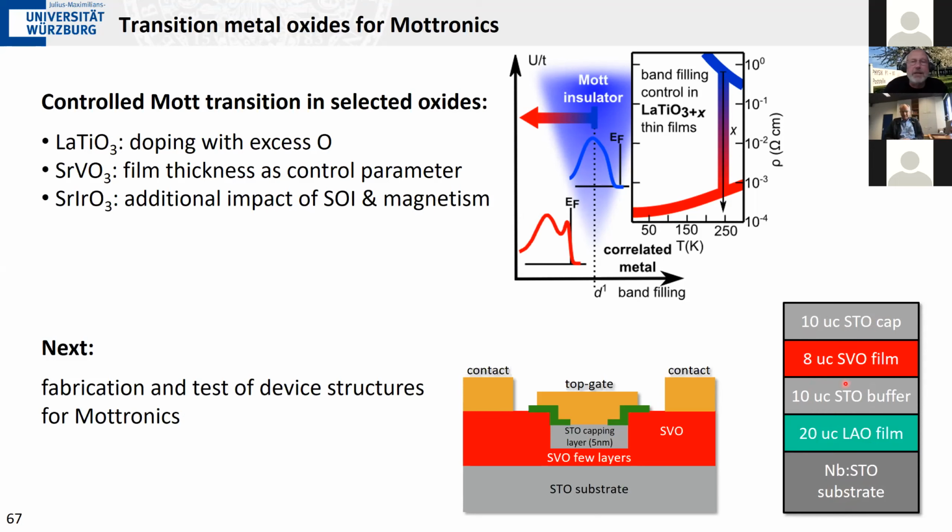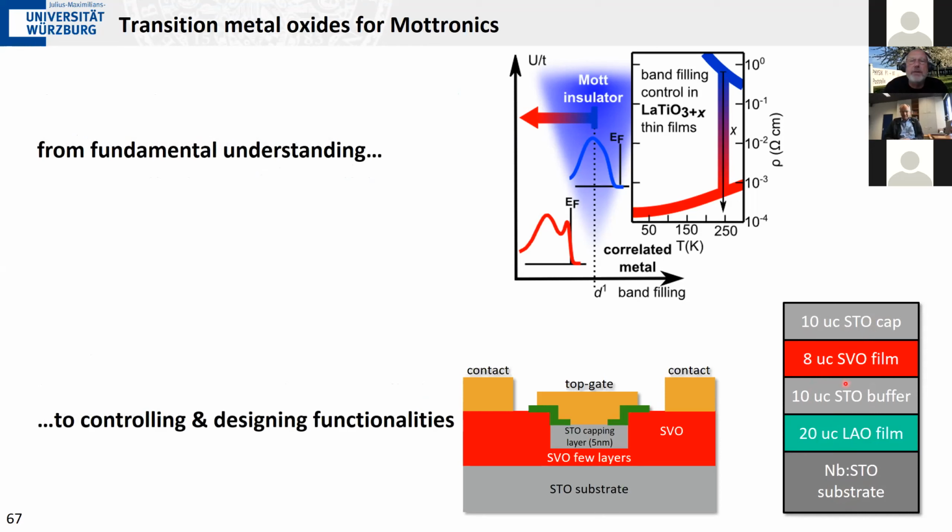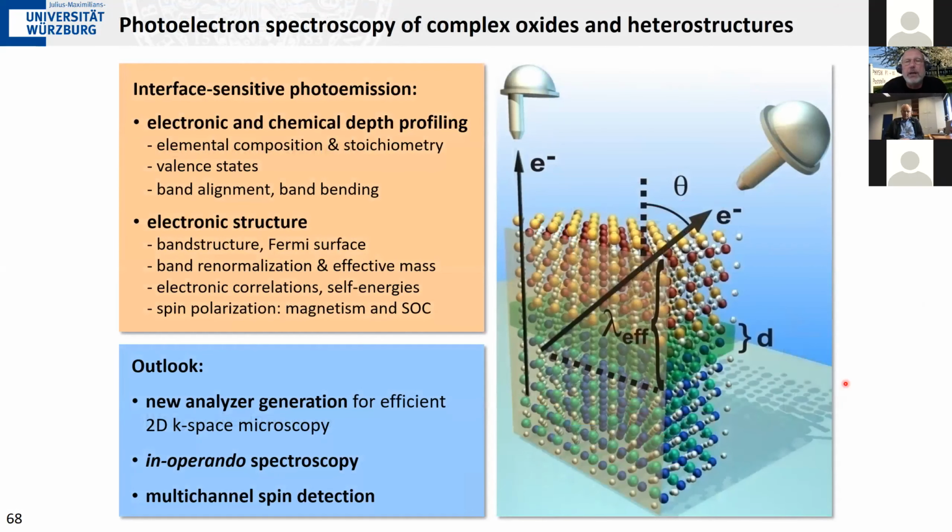Okay, and with this, I want to conclude. So we have been studying these systems from a very fundamental understanding with the goal to eventually also control and design functionalities here. And our approach was basically based on photoelectron spectroscopy, which gives you very nice access to all this microscopic electronic information.